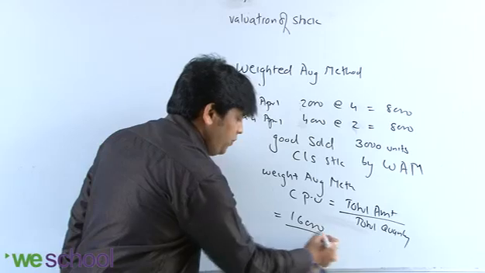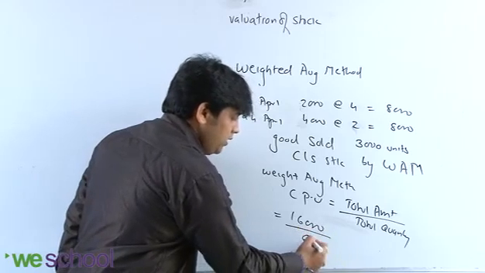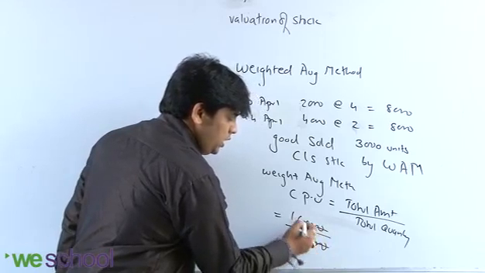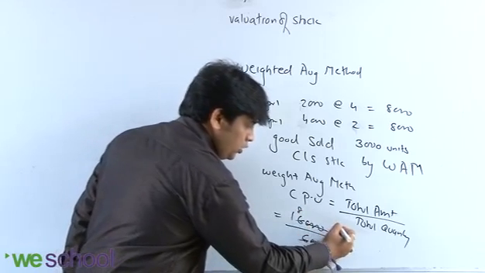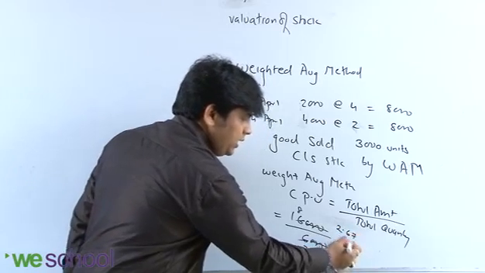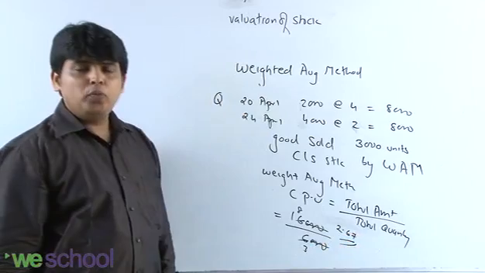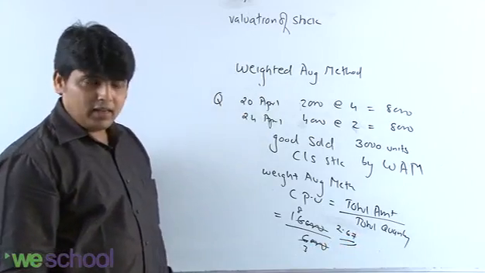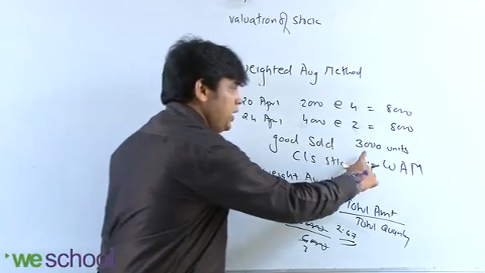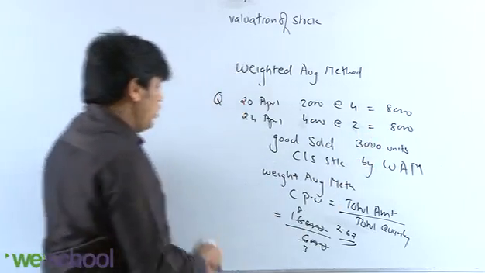16,000 divided by 6,000. 3 6s are 18, so 2.67 is the rate. 2.67 is the rate, right? Now with the help of this, you will calculate, since 3000 is sold. So what is your closing stock?